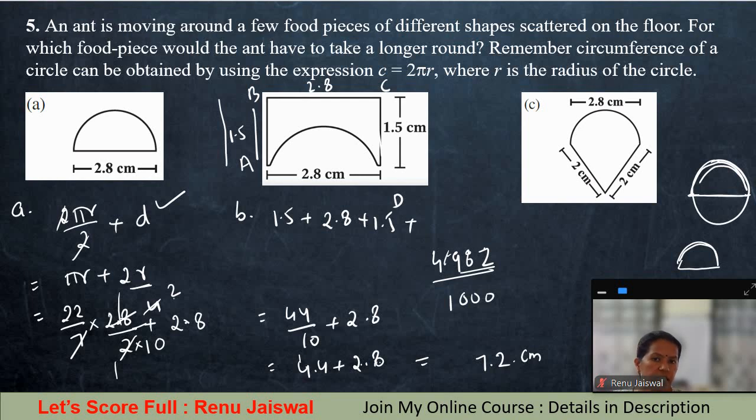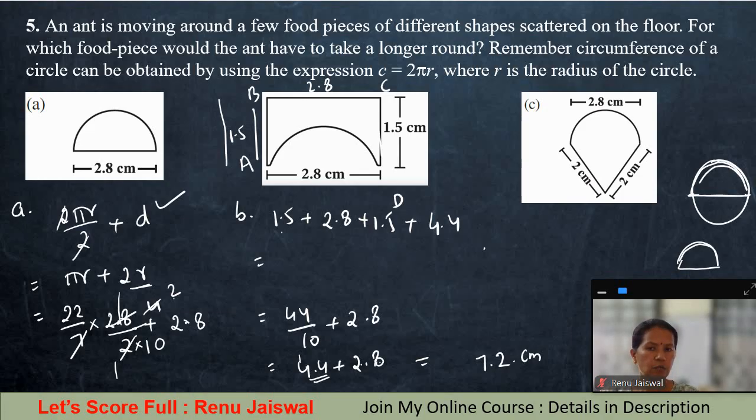Now this arc part from A to D, it is a semicircle. Semicircle means we know 2 pi r divided by 2. So if you see from here, the calculation is 4.4, right? So if I know it is 4.4, why calculate again? It is in the same question, so I can write it directly.